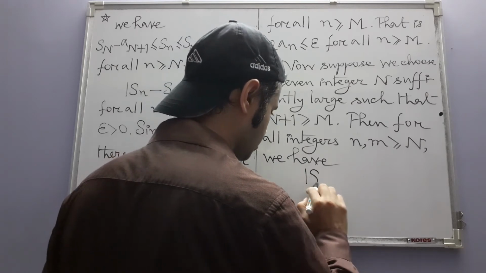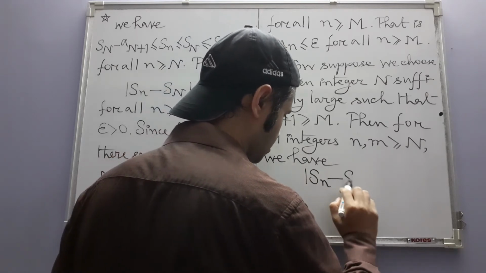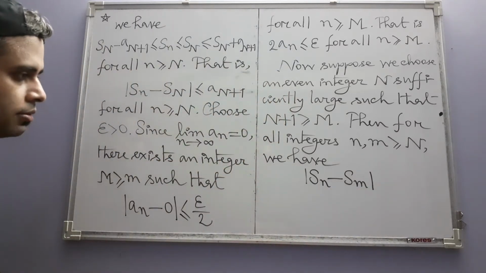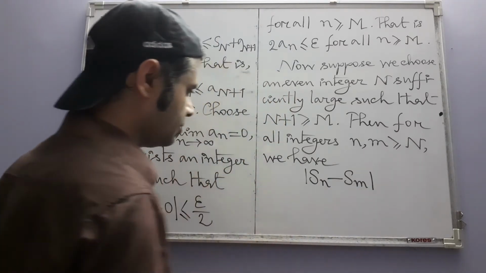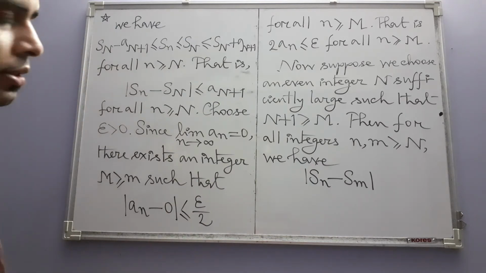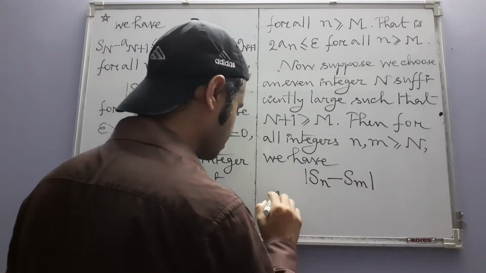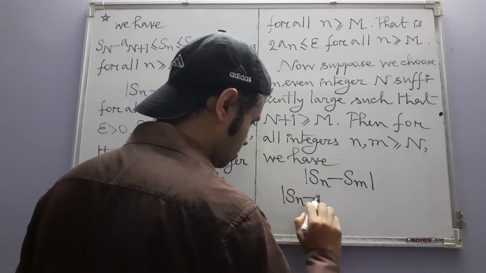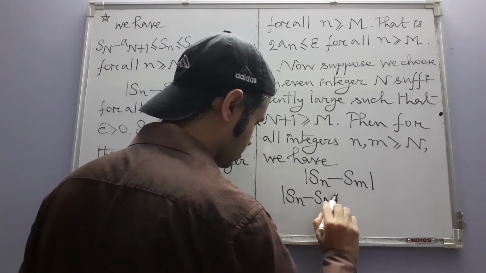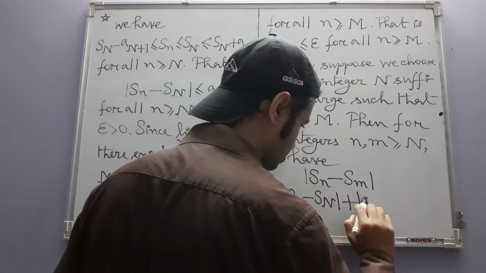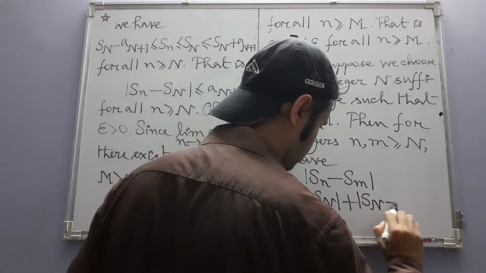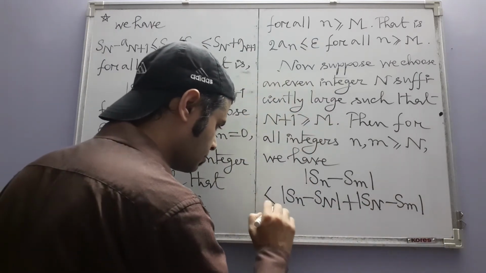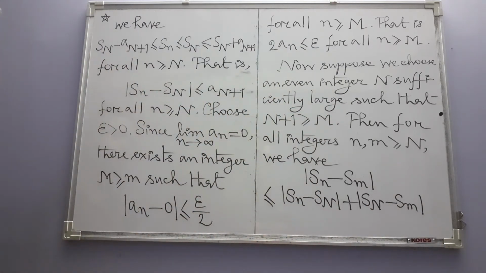First of all, we write the absolute difference S_n minus S_m. Due to the triangle inequality, in its place we can write the absolute value of S_n minus S_N plus the absolute value of S_N minus S_m, and we will have this inequality.